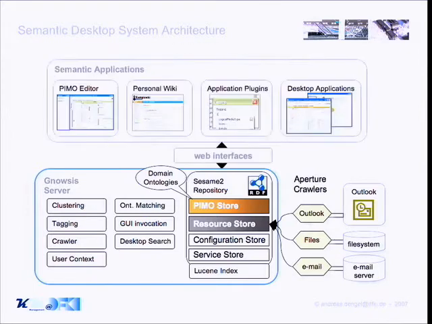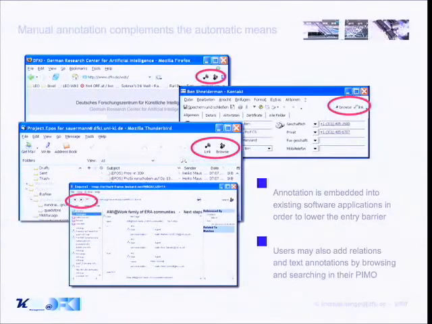We have some interfaces provided through the web itself: an editor, a personal wiki, a semantic wiki, application plugins, and desktop applications. Just to give you examples, we have already realized an interface towards Firefox, Thunderbird, Outlook, even Enquire 2, where we have such plugins, and it's very easy to browse and search via these plugins in the PIMO for related aspects you need.